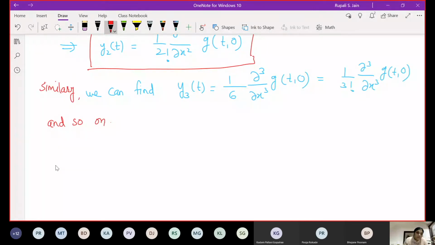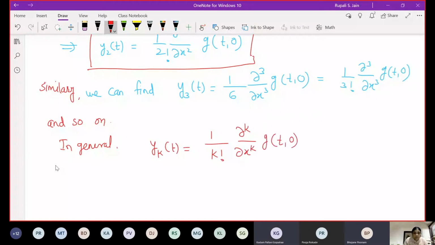So in general, how can I write y_k(t)? y_k(t) is 1 upon k factorial times ∂^k g/∂x^k at (t, 0), that is x equal to 0.